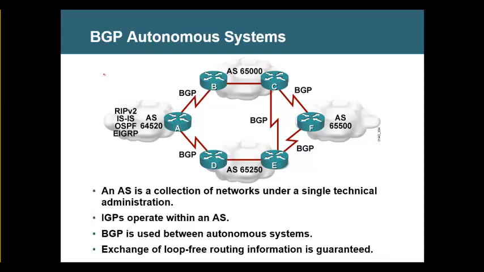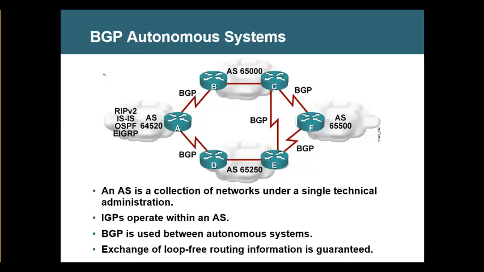We learned the difference between IGP and BGP. Please understand, IGP is not IBGP. I did not say IBGP. I said IGP. IGP are the protocols that are meant to be a routing protocol within the organization, within the enterprises, within the autonomous system.